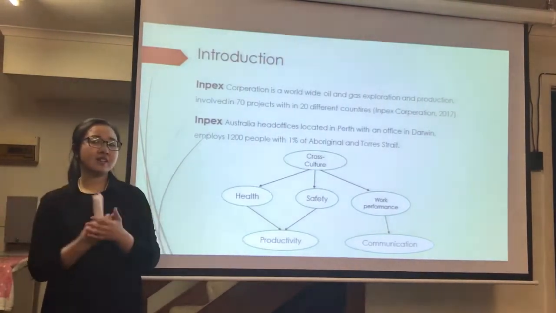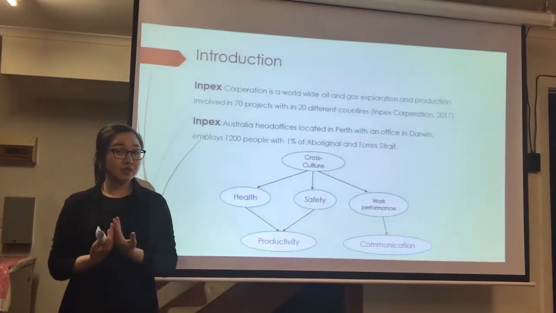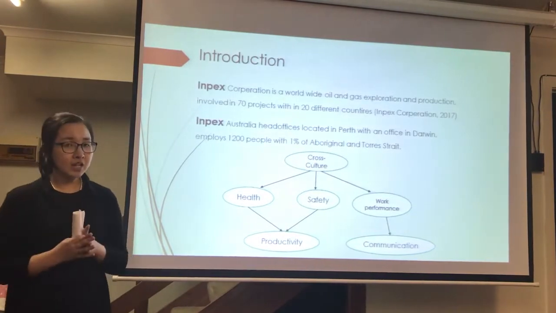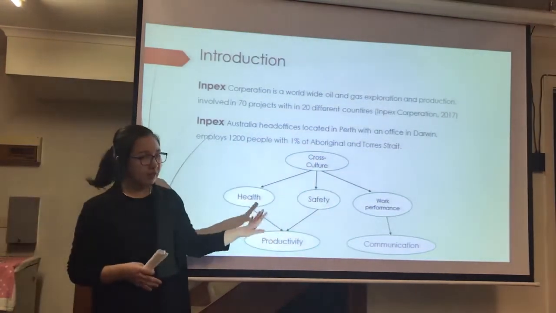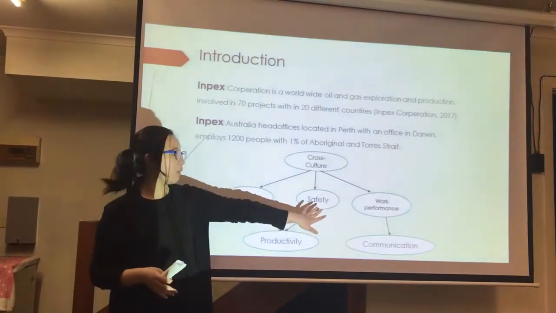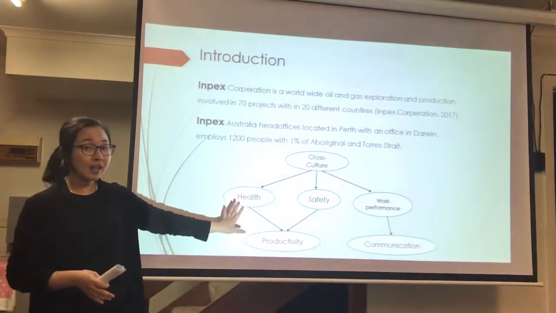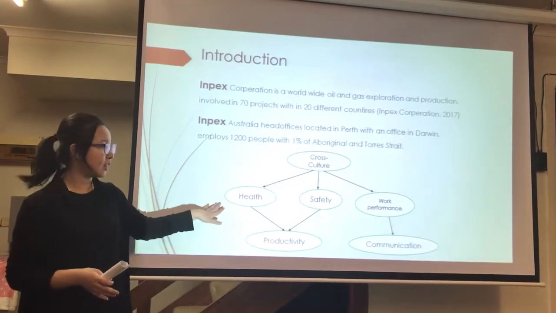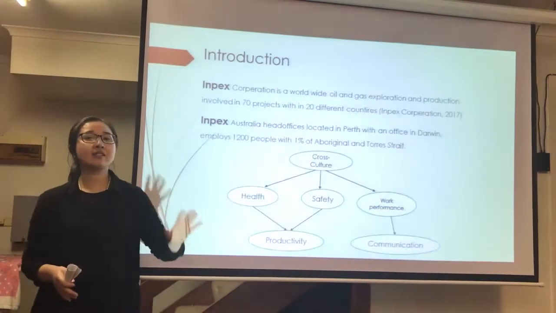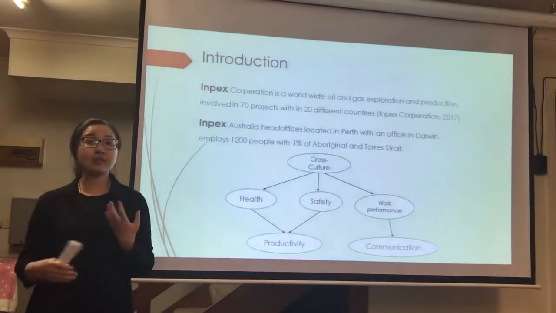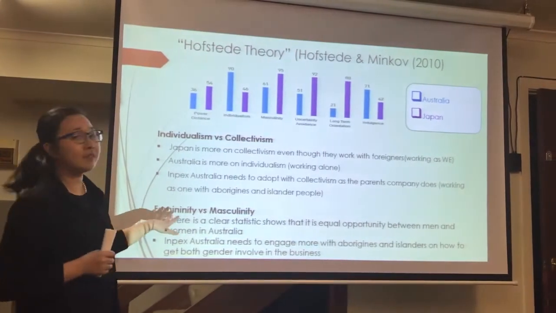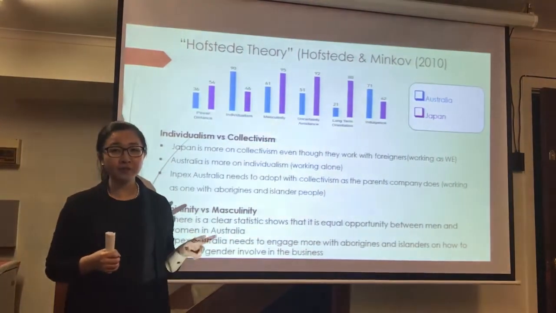When the company hires Aboriginal people, they have a problem with cross-culture, and this problem also concerns health, safety, and work performance. These 3 elements also impact the productivity and communication of the business as a global company.